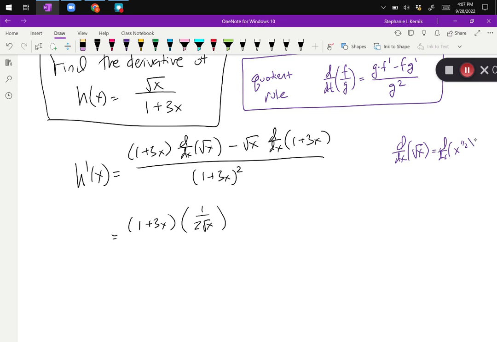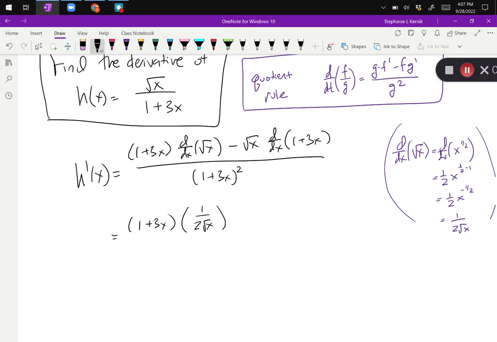And by applying the power rule, that's going to become 1/2 times x to the 1/2 minus 1 power, which means it is 1/2 x to the negative 1/2 power. And that is the same as 1 over 2 times the square root of x.